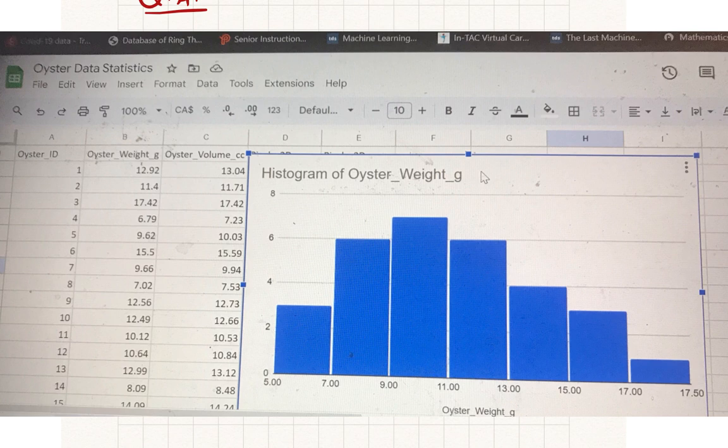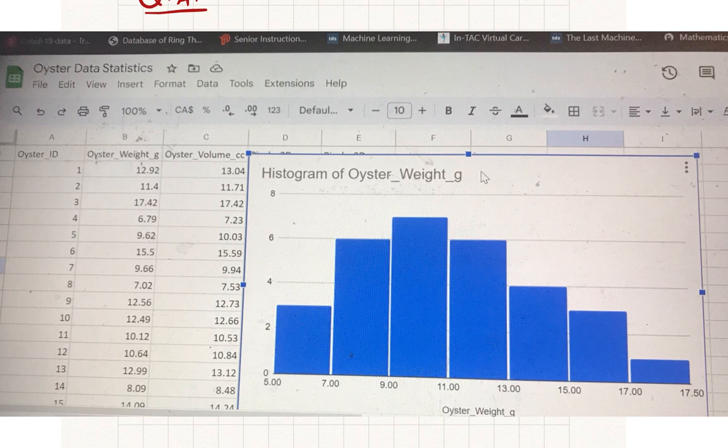So here, we're saying that there are 3 elements that have values between 5 and 7. And remember the rule, if it is right on a boundary, the rule is to put it in the larger bin.